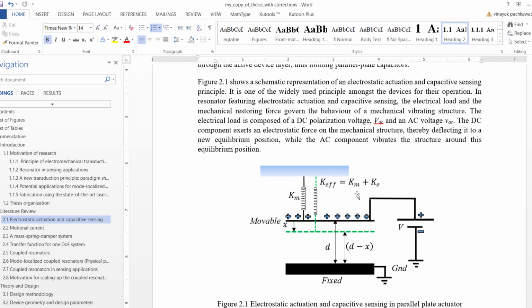Km is called the mechanical spring constant of the system, and Ke is called the electrical spring constant, which is introduced into the system because we applied a voltage difference across these two capacitor plates.